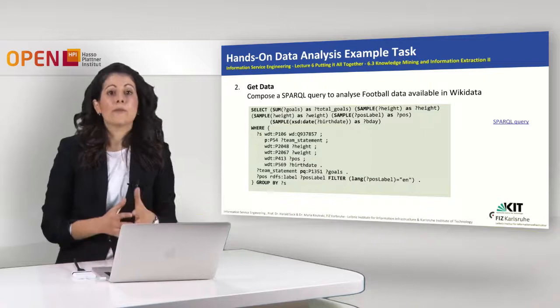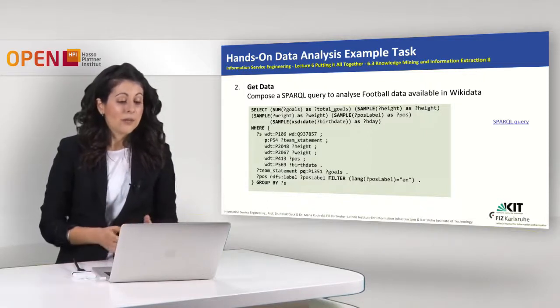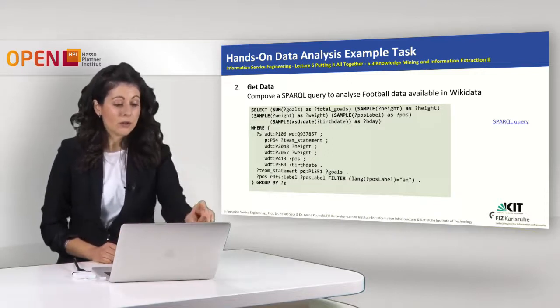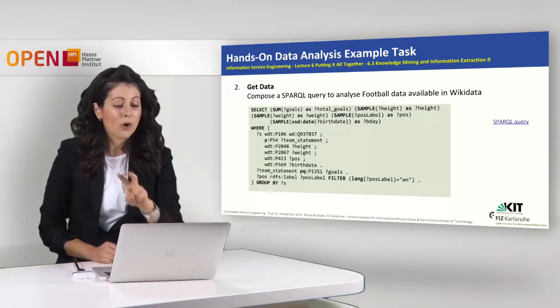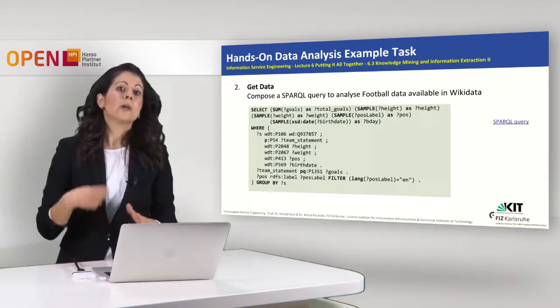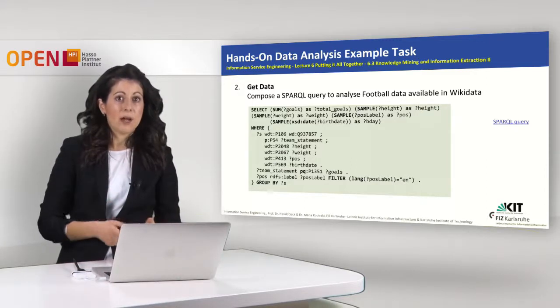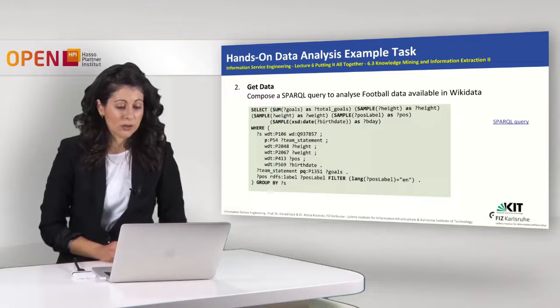So then we have to compose our query in order to get the data. And this is the query we are going to ask in Wikidata. You see first we have all the select statements, where you see here a sum of goals as total goals, because in the end we want to get all the goals for each specific player, no matter in which team he was part while he scored that goal.